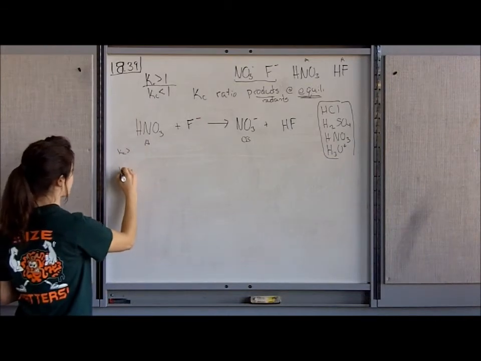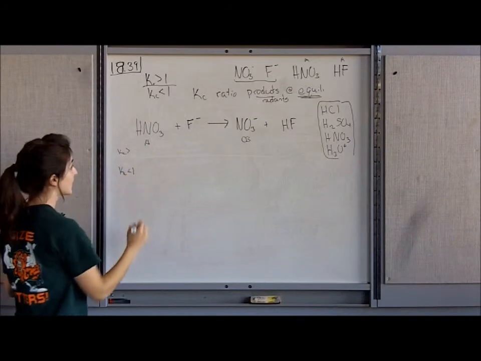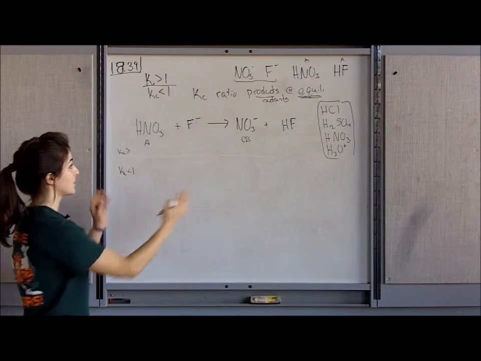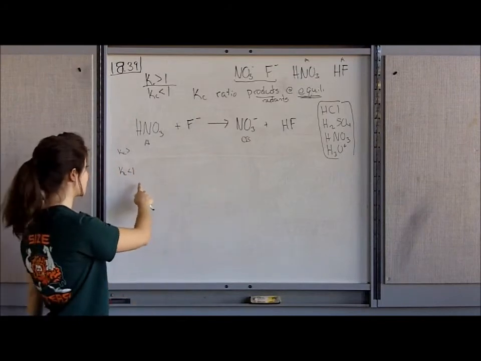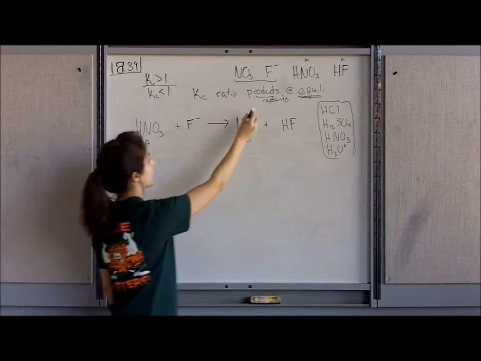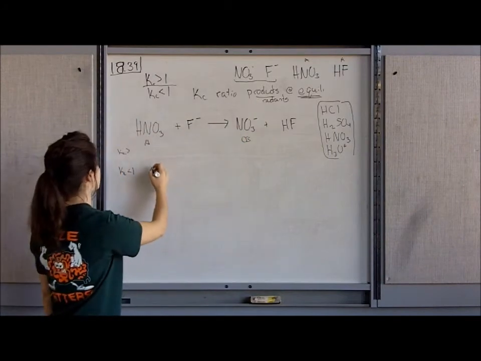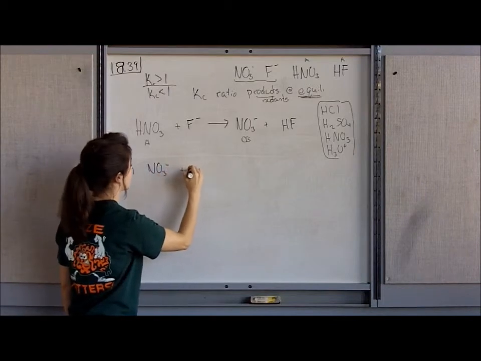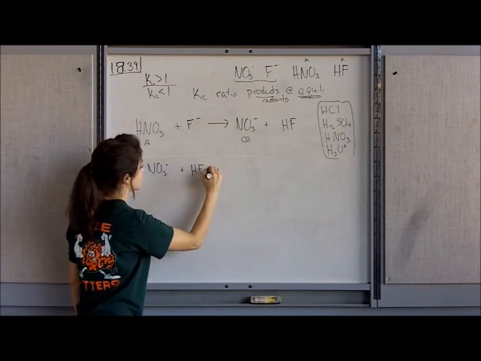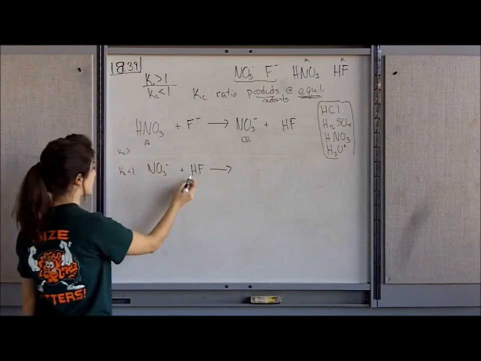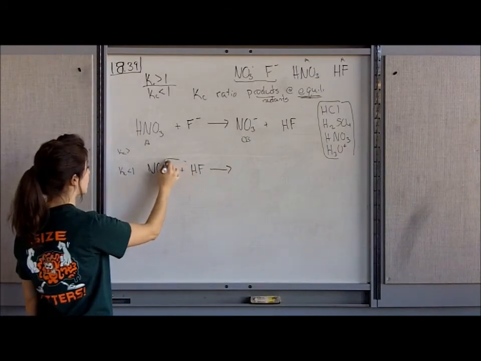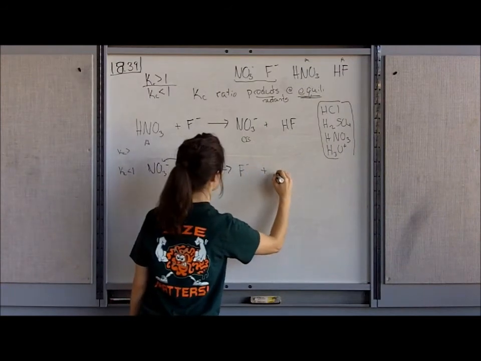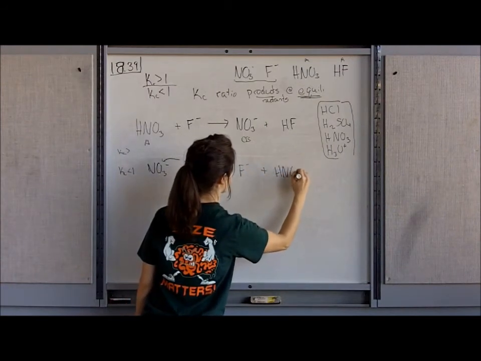Now we're going to move on and find something where Kc is less than 1. We use the same species. One thing you should know is that flipping the equation around will flip Kc upside down, so you'll end up with reactants over products. When you write it out, you'll have NO3 minus plus hydrofluoric acid, and the hydrofluoric acid is going to protonate your NO3 minus, and you end up with the fluoride ion plus HNO3.